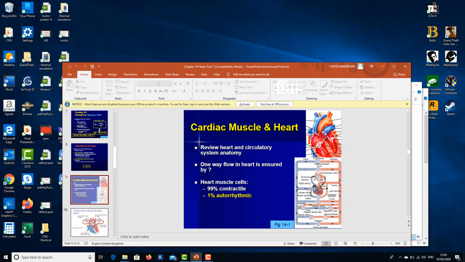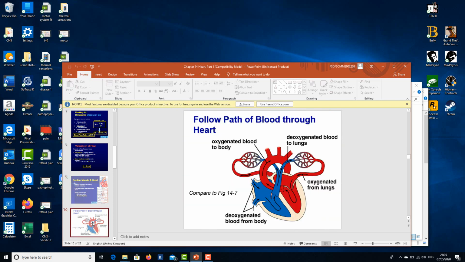So let's see what is the flow path of blood through the heart. Now the deoxygenated blood is going to enter the heart from the upper part of the body as well as from the lower part of the body.